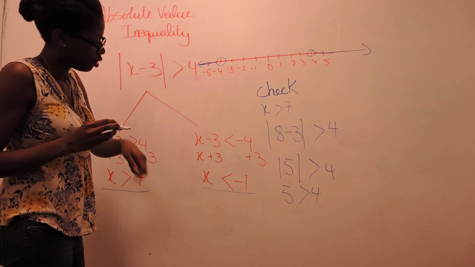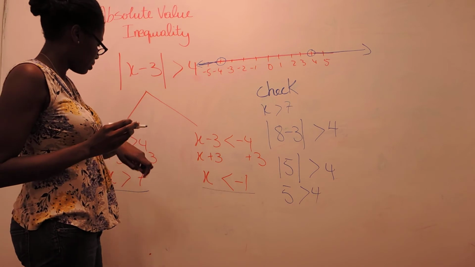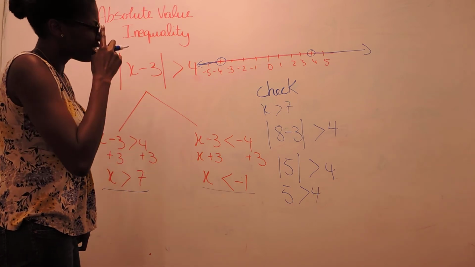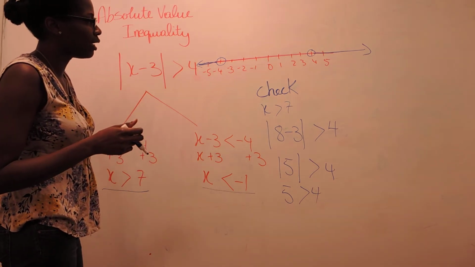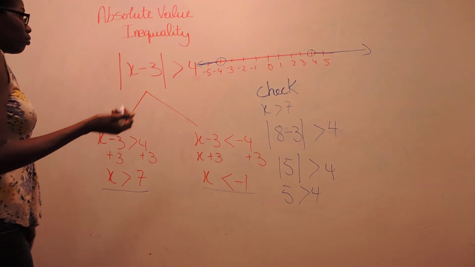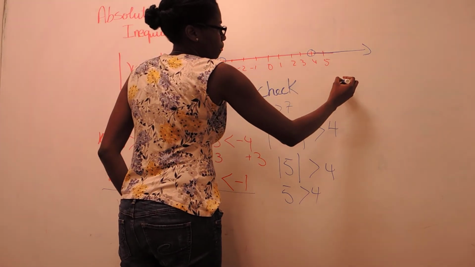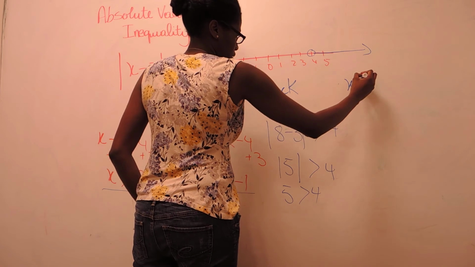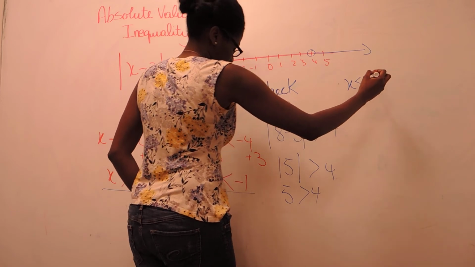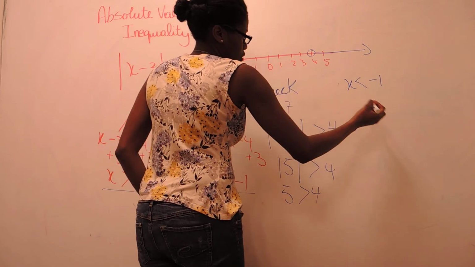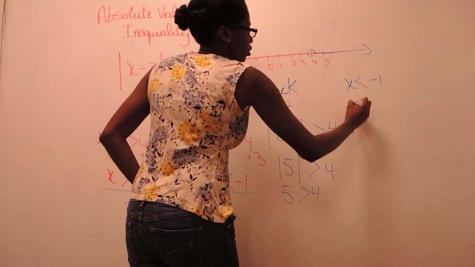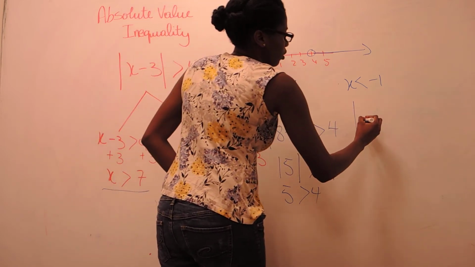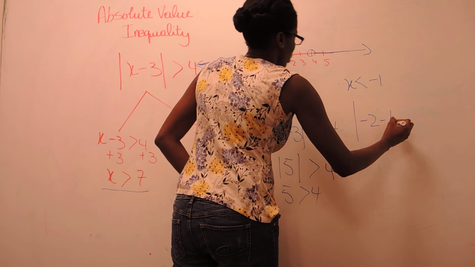Let's check for this one. x is less than negative 1. What is a number that is less than negative 1? Negative 2. So let's plug this into the absolute value.